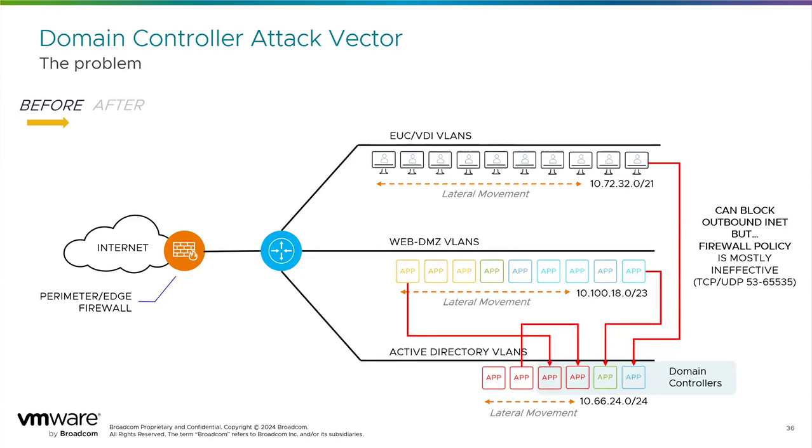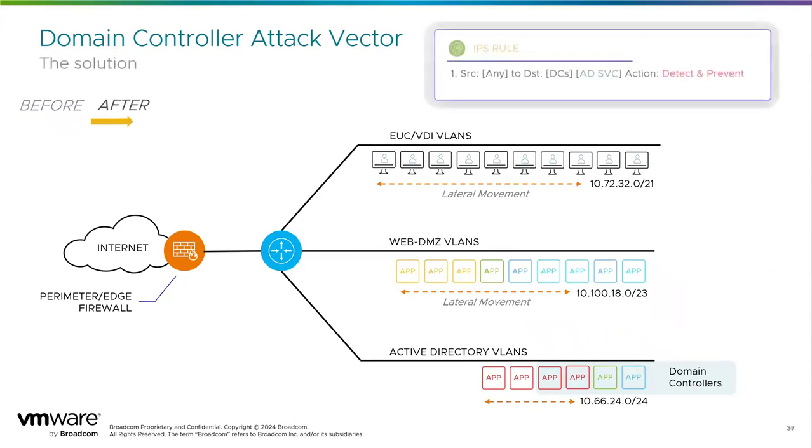for your domain controllers. After though, now what you're saying is, look, I'm going to allow those on the firewall, but from an IDPS perspective, we're going to look at any source to these Active Directory servers, and I'm going to change it to detect and prevent.